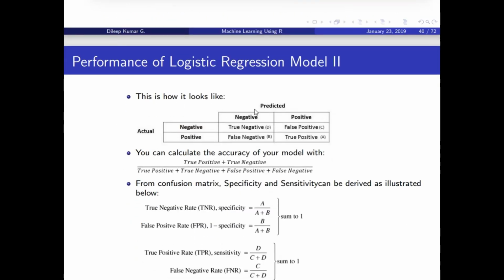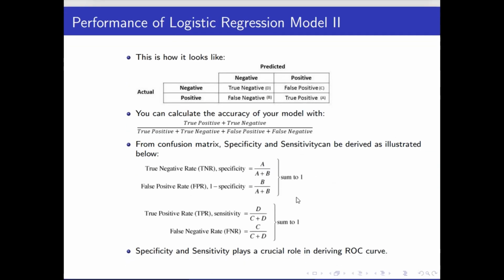The accuracy can be calculated from the table, where actual has two values, negative and positive, and you consider the same as columns, negative and positive, so you need to find out true positives, true negatives, false positives, and false negatives. From this you can calculate specificity and sensitivity. Specificity, in other terms, is the true negative rate, which is equal to a by a plus b. Then what is a?